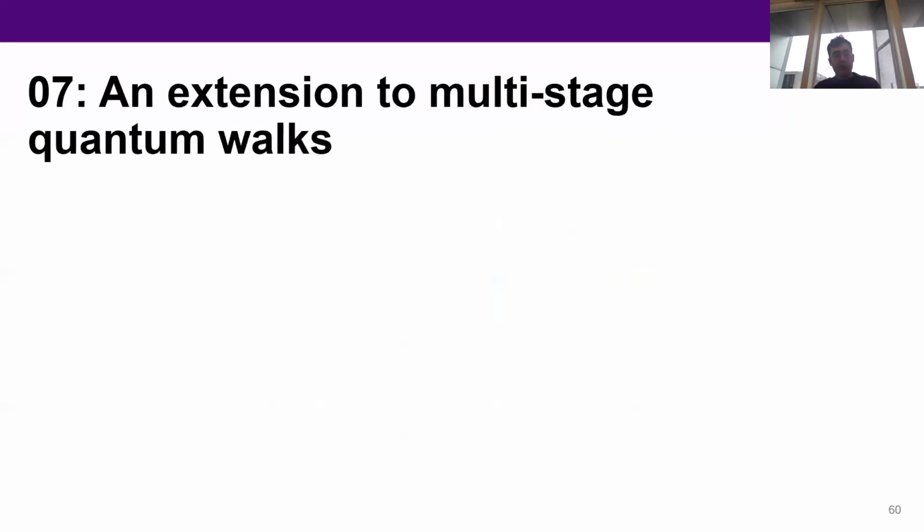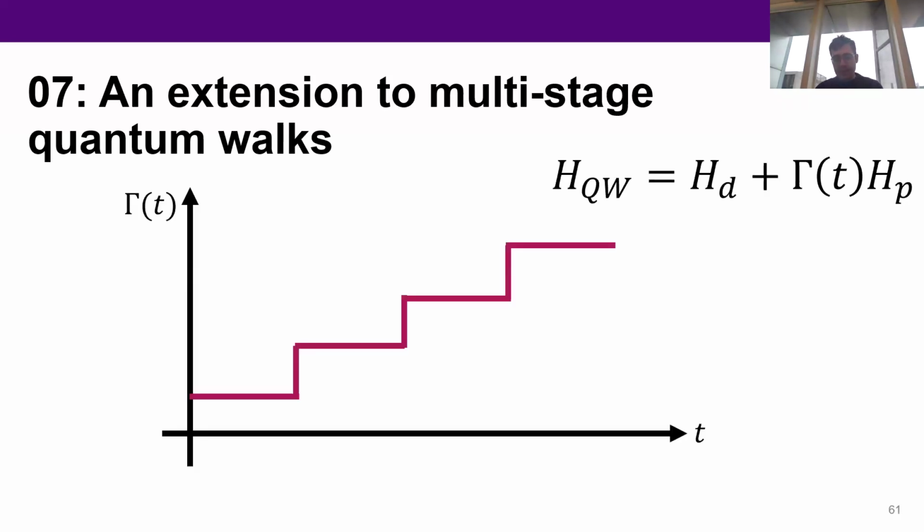But we might ask if there are any possible extensions to this. And to do that, I'm just going to introduce very briefly a multi-stage quantum walk. So you can think of this as being sort of inspired by quantum annealing, where instead of having time-independent gamma, we have some gamma that increases in some stepwise fashion in a monotonic way.